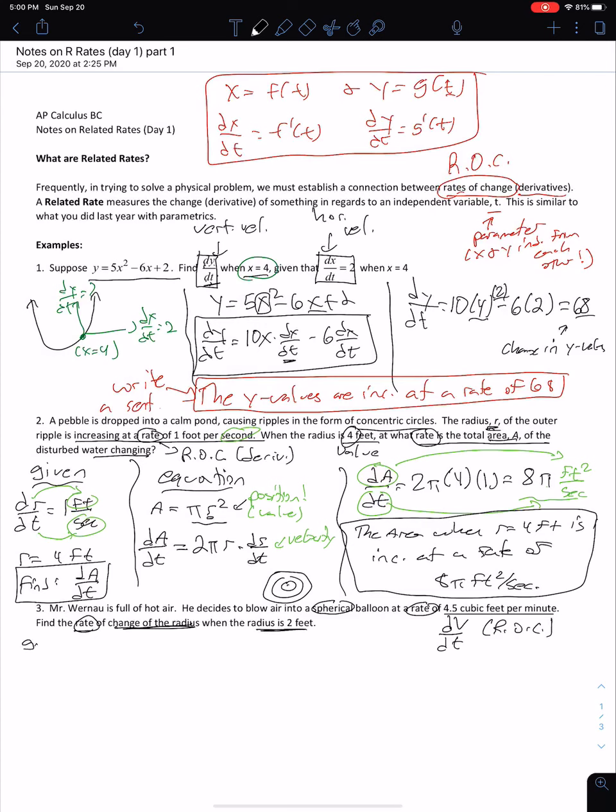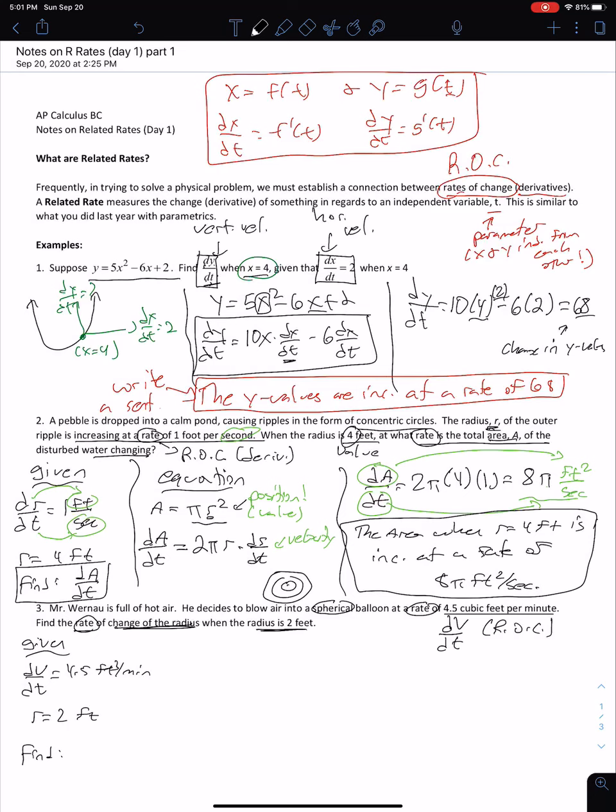So I'm going to list out all my givens. The first thing we're given is a change in volume, dV/dt, is positive. It's 4.5 cubic feet per minute. When the radius is 2 feet, we're looking to find the change in radius.